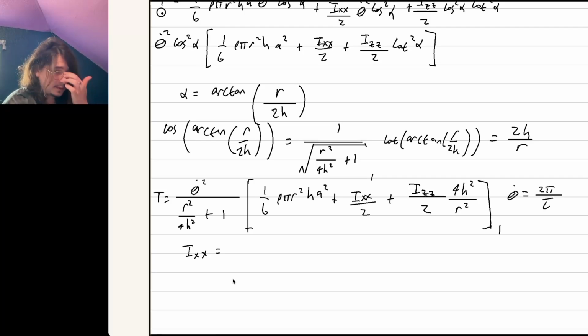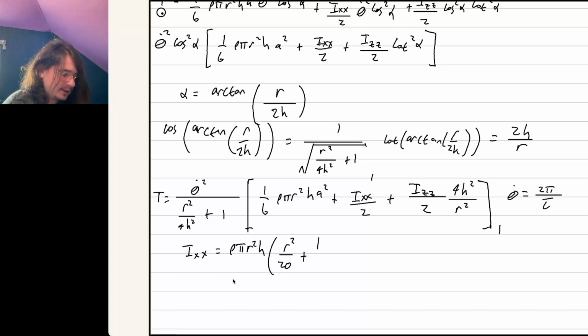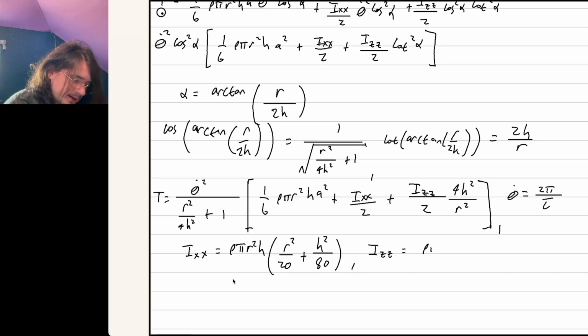But the principal moment of inertia for the cone is, for Ixx, rho pi r squared h times r squared over 20 plus h squared over 80. And then the Izz is rho pi r fourth h over 10.